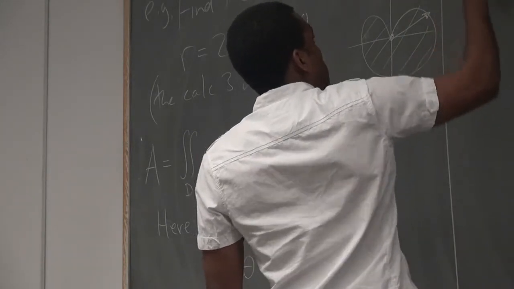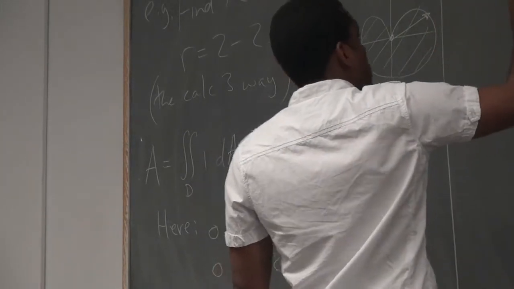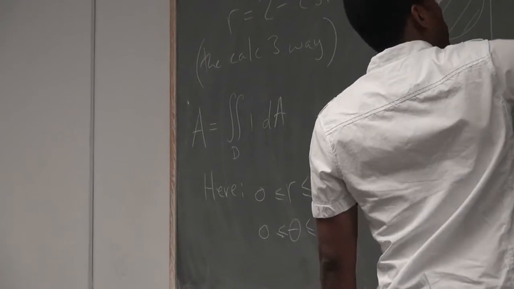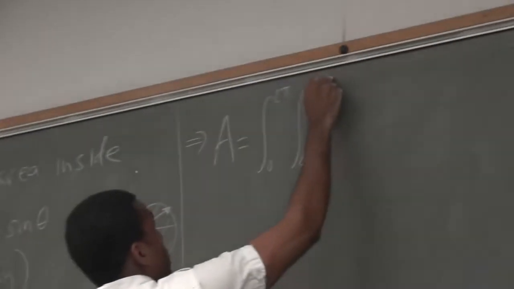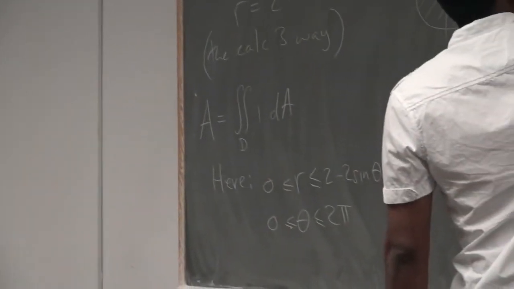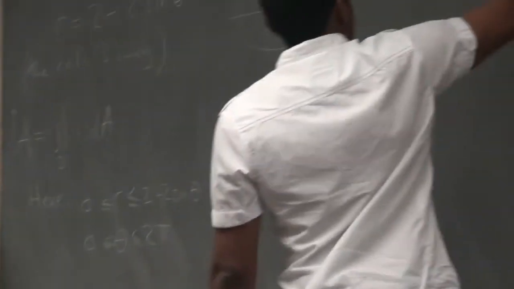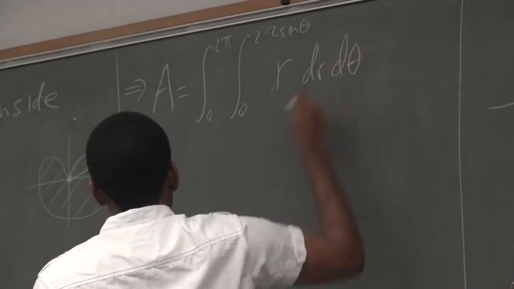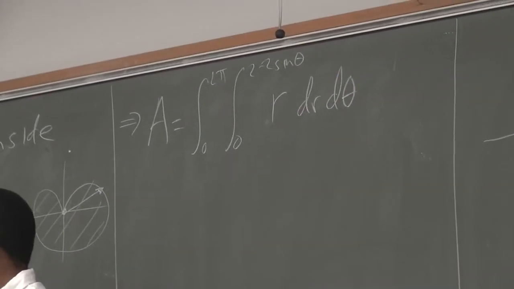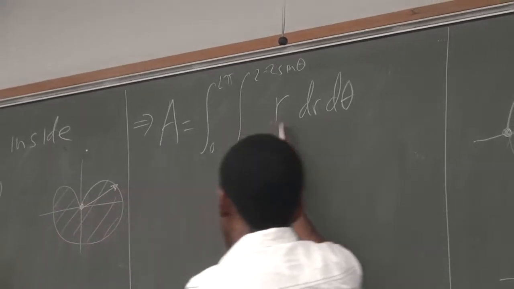This means that my area is equal to the integral from 0 to 2 pi, 0 to 2 minus 2 sine theta of 1. What's your dA? r dr d theta. Do not forget that r, right? Just because it's a 1 here, the dA becomes r dr d theta. You're going to have that r there.